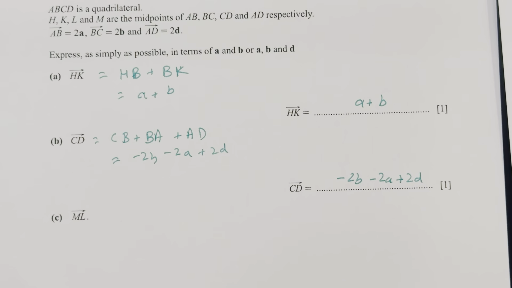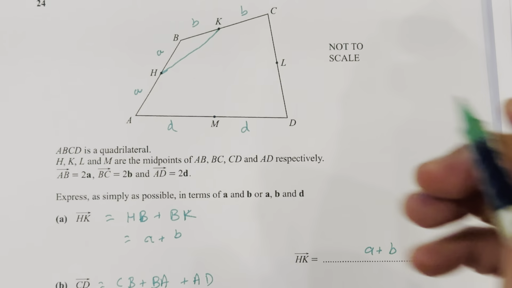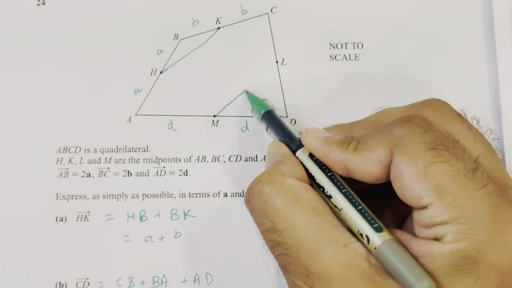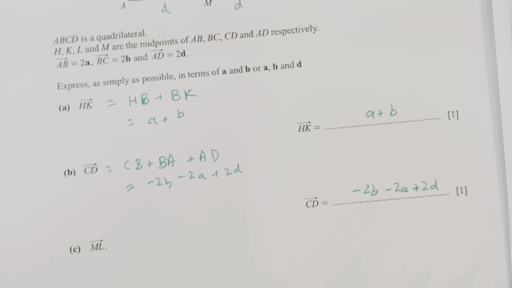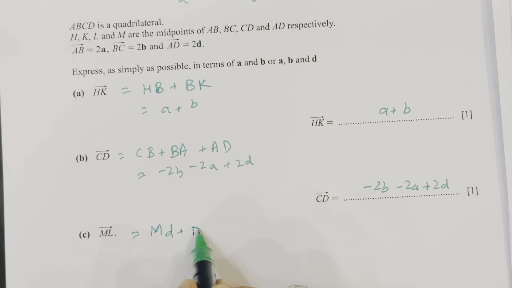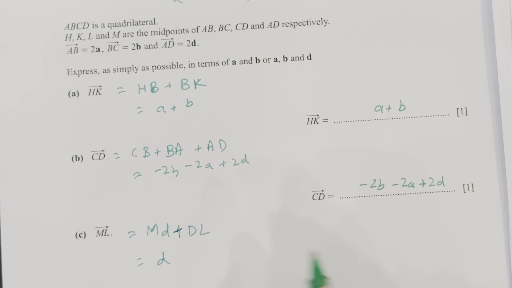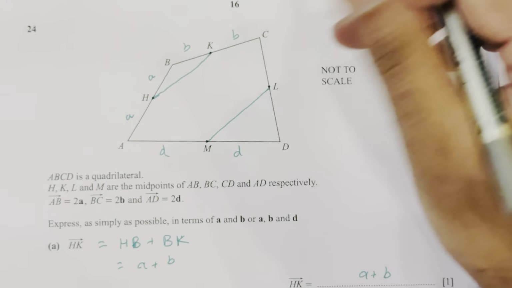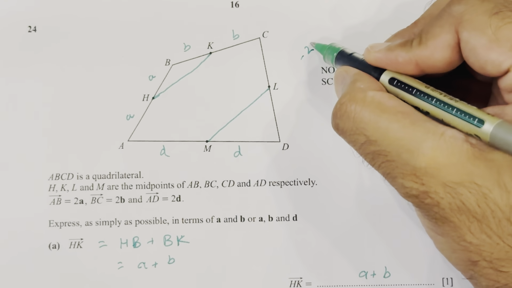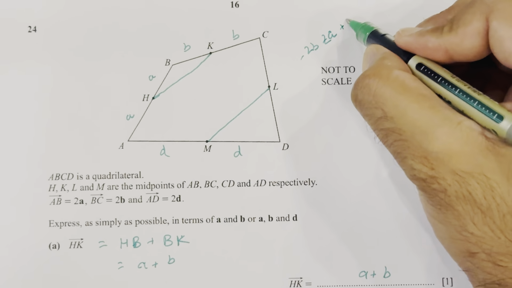Now you need to calculate the value of ML. The value of ML would be, by joining these 2 points M and L, it would be like that, MD plus DL. MD is equal to D, and you need to find the value of DL. We know that this whole value is equal to minus 2B minus 2A and plus 2D.